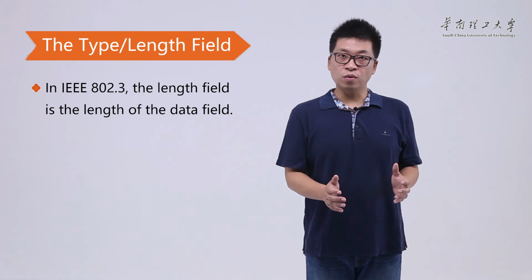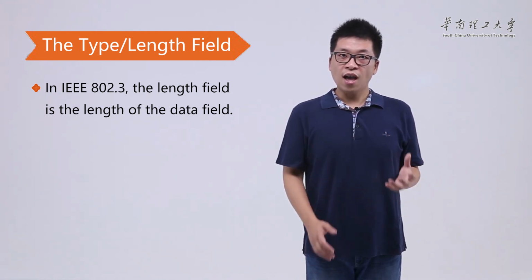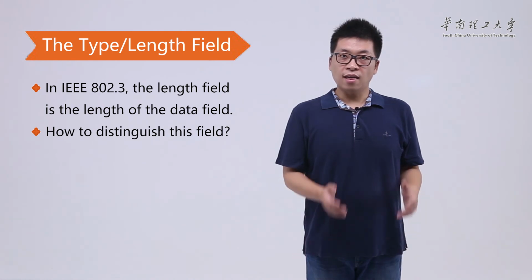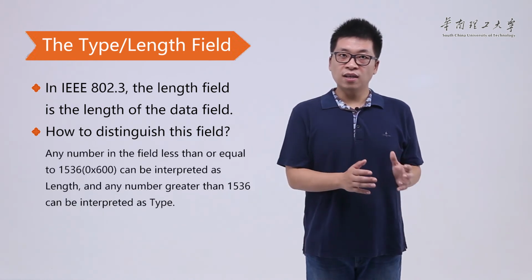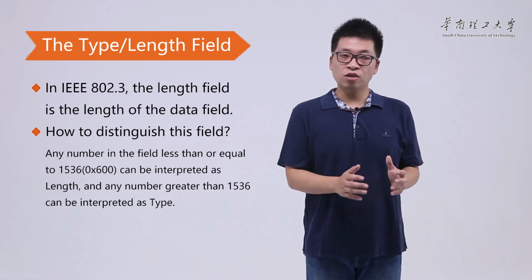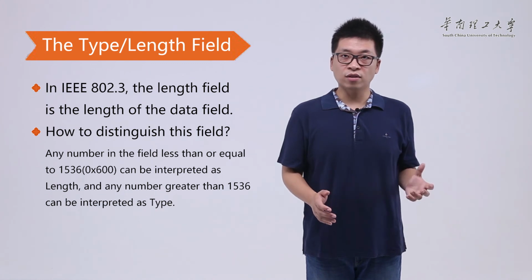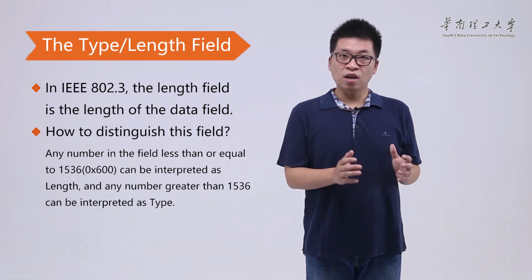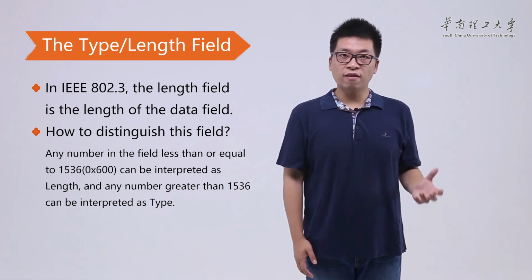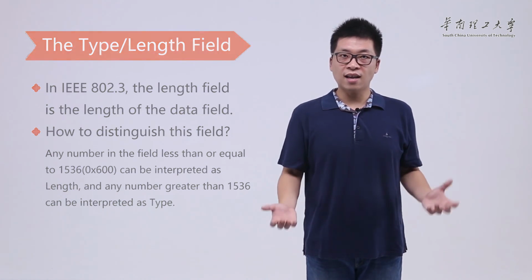These two fields have the same position and the same byte number. How to distinguish them? Any number in the field less than or equal to 1536 can be interpreted as length, and any number greater than 1536 can be interpreted as type.